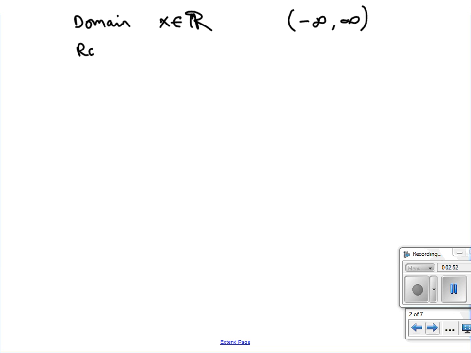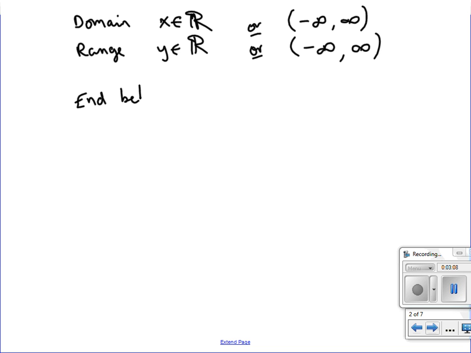And similarly, the range for a cubic is the same. What else do we know? End behavior. All pieces of information that we discussed in this particular unit.